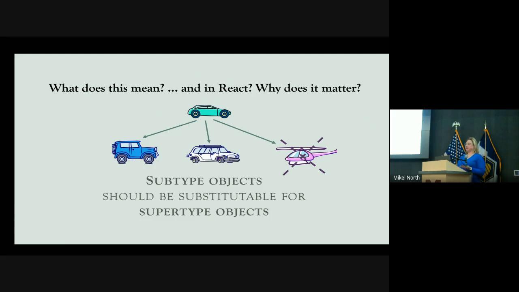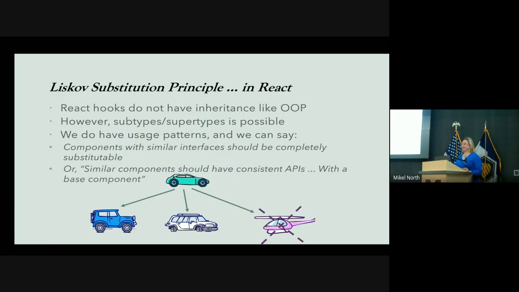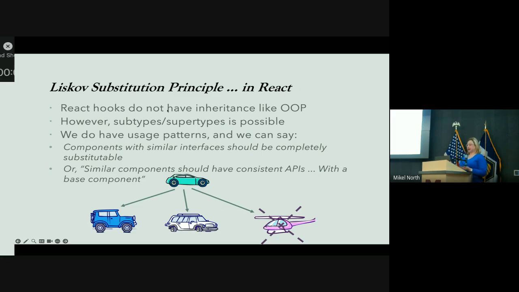Has anyone run into this in React? Have you ever had substitutable objects? Maybe only if you write a design system. I don't know, my example is from a design system. React components don't actually have inheritance like object-oriented programming, but you can still have usage patterns where you've got subtypes and supertypes, the way you use things.